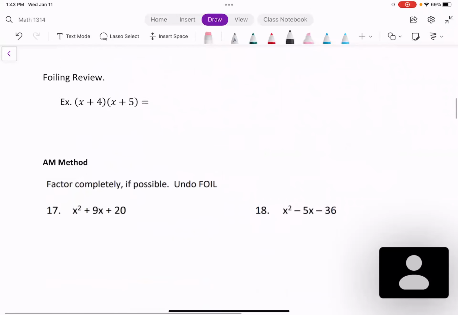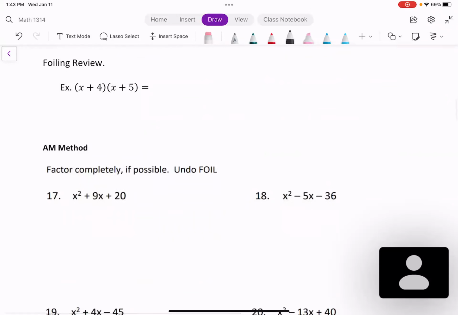Okay, let's see the next one, following review. If I have the multiplication of 2 binomials, how do I expand this? I can distribute the x first to the next parentheses, x times x plus 5.